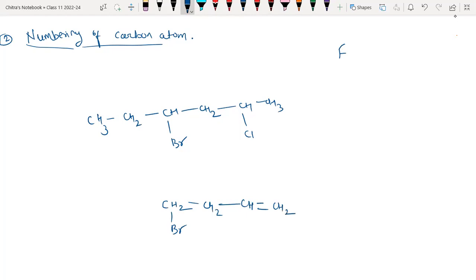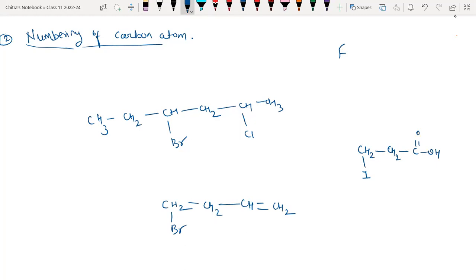And one more I am taking here: CH2, here again I have iodine, then CH2, then C double bond O, OH, a carboxylic acid. So I have written here three different hydrocarbons.